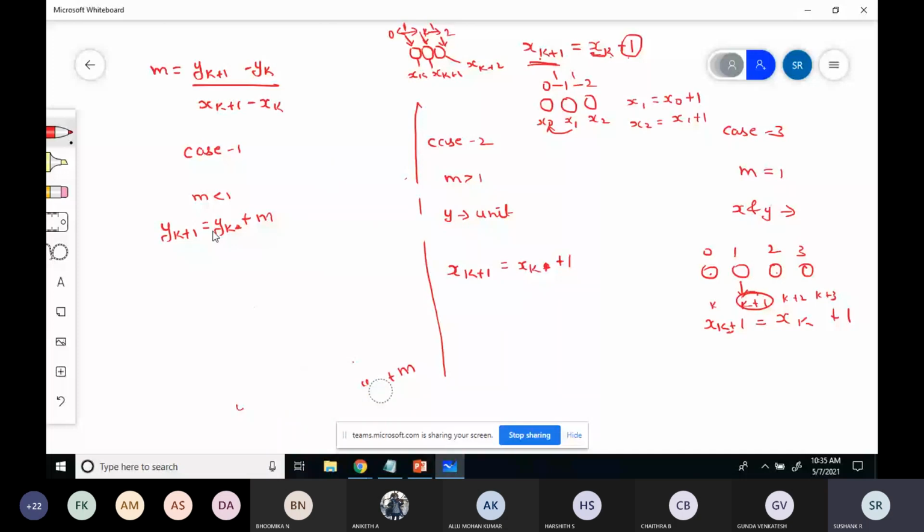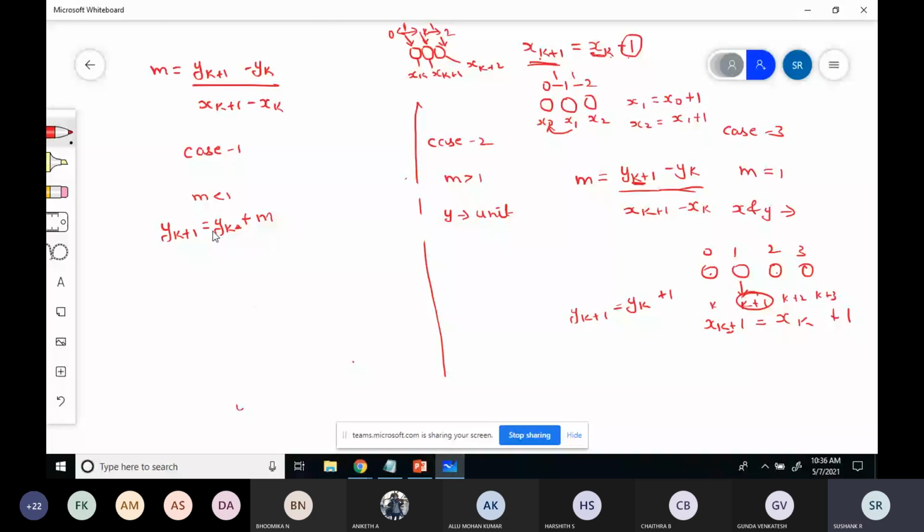The second one: next, y is moving in unit direction. So now here m will be equal to y of k plus 1 minus yk by x of k plus 1 minus xk. But now y is in unit direction, so y of k plus 1 is equal to previous pixel plus 1.